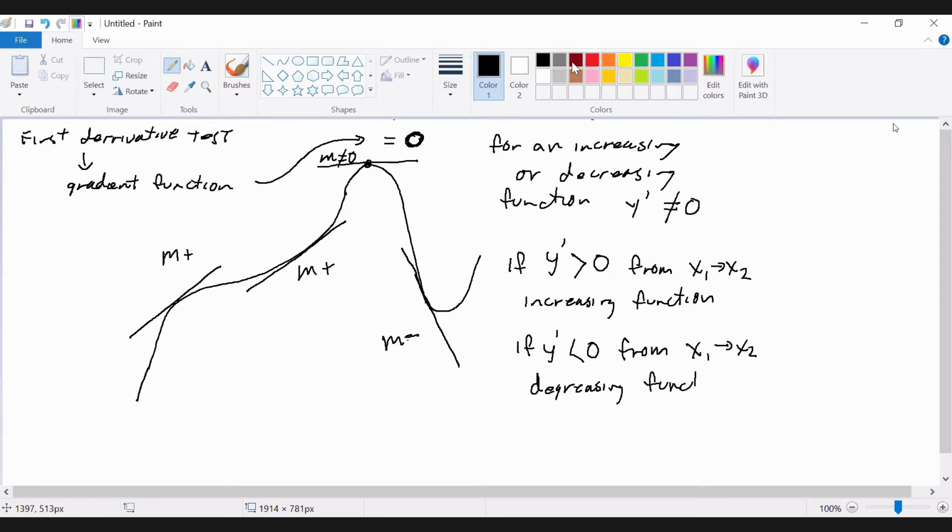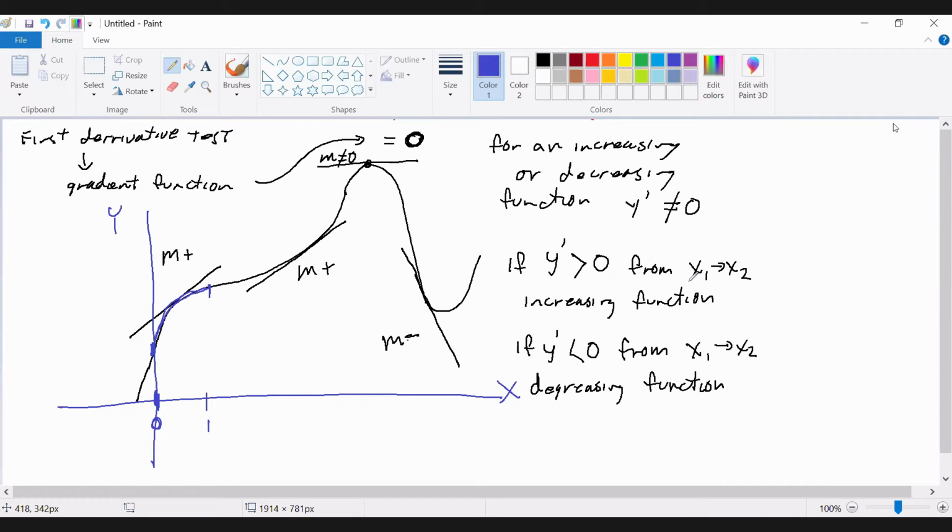Okay, so the idea here is, let's say we have the Cartesian plane like this. This is x, that is y. To know if a particular spot of the graph is increasing or decreasing, you just substitute values in x, maybe from x0 to x1, and then you test this one out.